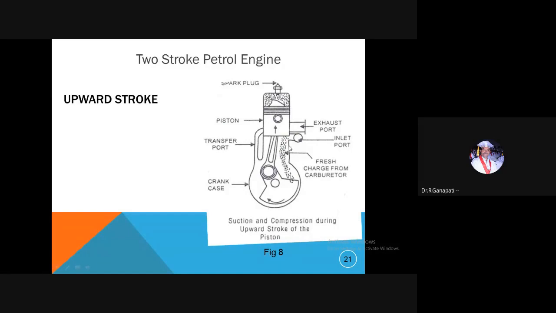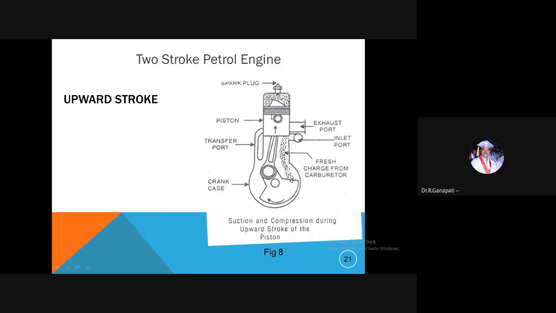So in the diesel engine, only the fresh air enters the engine crankcase through the inlet port, but in the petrol engine, the air fuel mixture enters the crankcase through the inlet port, and in this position, both the transfer port and the exhaust port are in the closed position.